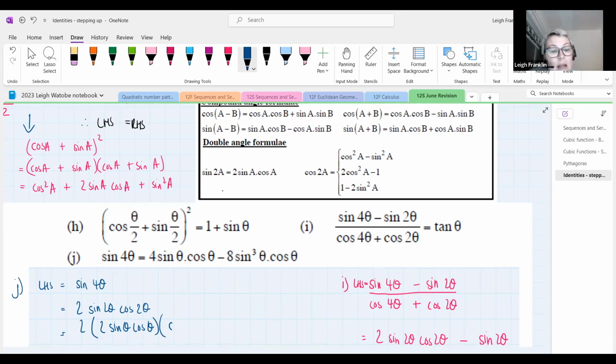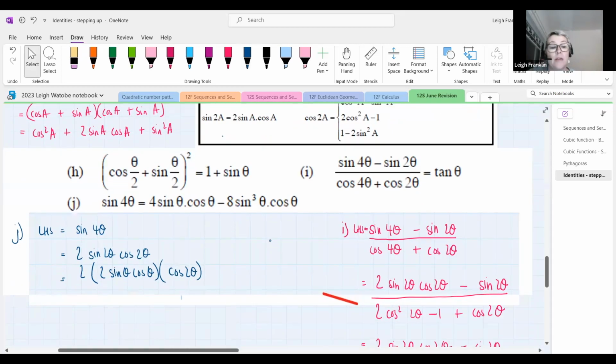So if I leave it as cos 2 theta for now, we can decide what it is that we want to do with that. You can see this starting to emerge here. Because if you've got 2 times the bracket, you'd get your 4 sine theta cos theta. Can you see that?